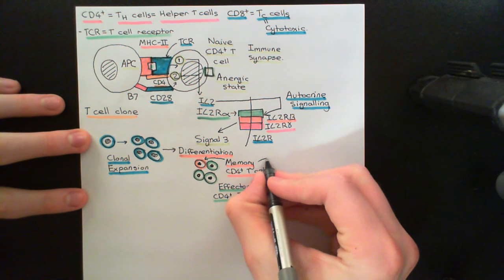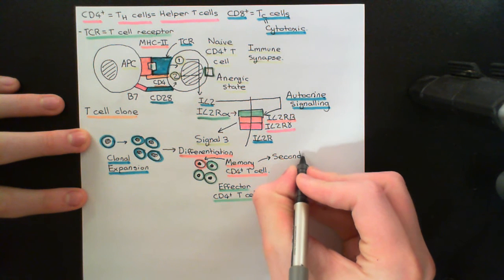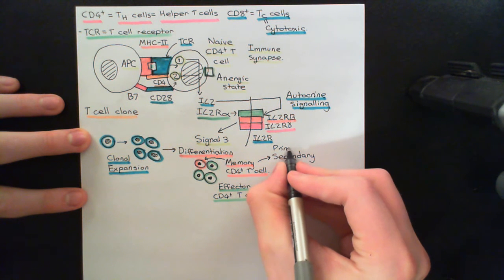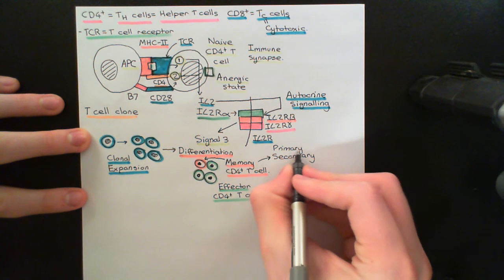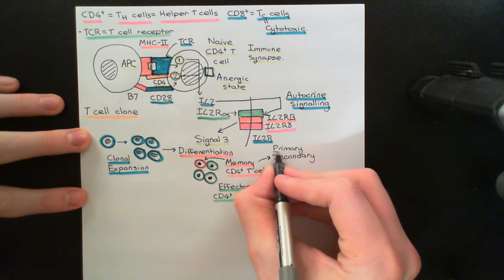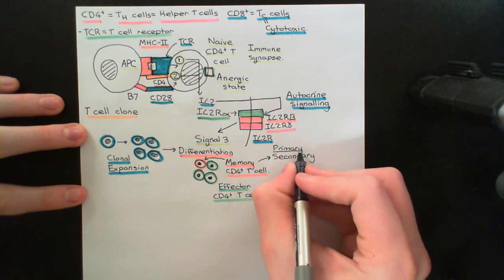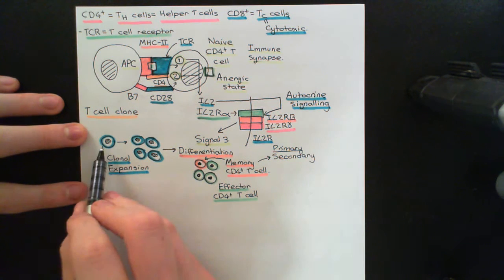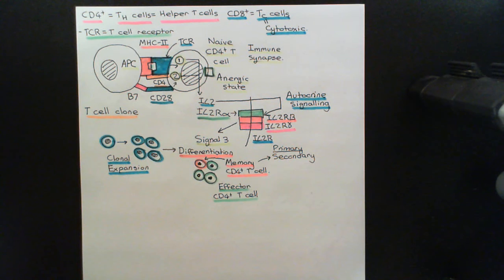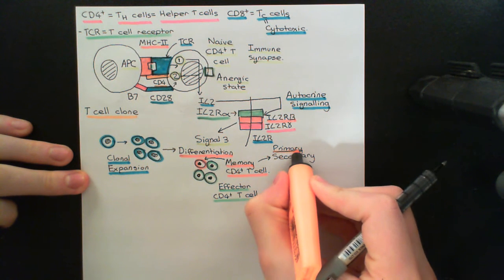And these are responsible for why a secondary adaptive immune response is much quicker and much larger than a primary adaptive immune response. So when you're first exposed to a pathogen for the first time, you initiate primary adaptive immune responses, and those take a long time to initiate, and the reason is that the T cell clones and also the B cell clones, but we won't dwell on that because we haven't really discussed B cells, but the T cell clones are small.